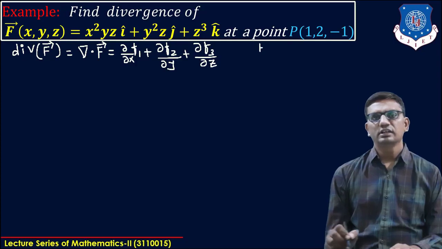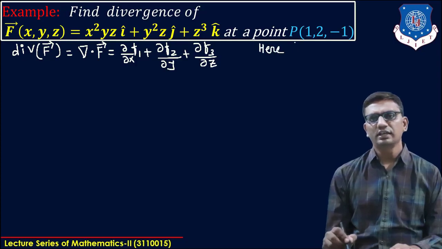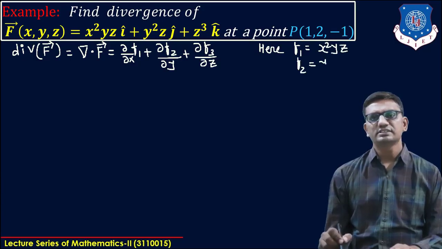Here f1 is x square yz, f2 is y square z, and f3 is z cube.